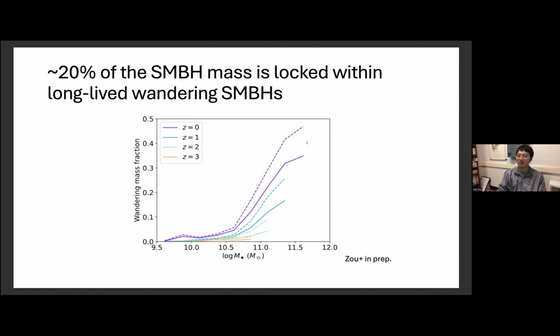If the time is too long, then the supermassive black holes will never merge and become long-lived wandering supermassive black holes that are not at the center of the merged galaxy. We predict that at redshift 0, about 20% of the supermassive black hole mass is locked within these so-called wandering supermassive black holes. This fraction highly depends on the stellar mass. That means the more massive the galaxy is, the larger the fraction of wandering supermassive black holes is. And those are the main results.